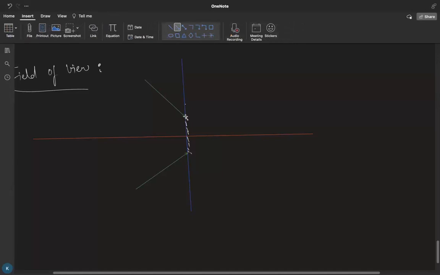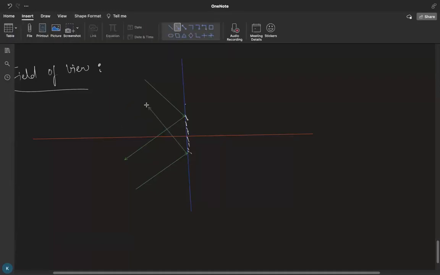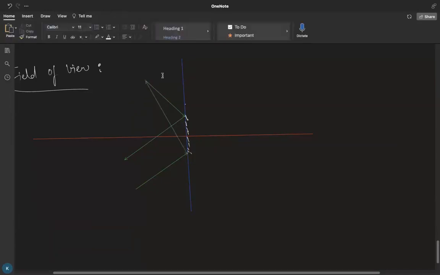So it will be somehow like this. You have to insert one more. This is the reflected ray of light for this. I hope it seems fine. Two of the rays intersect each other, right?